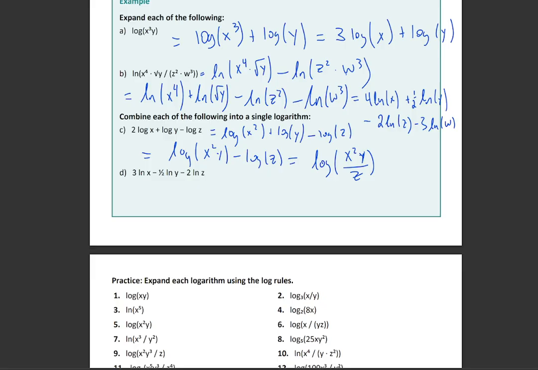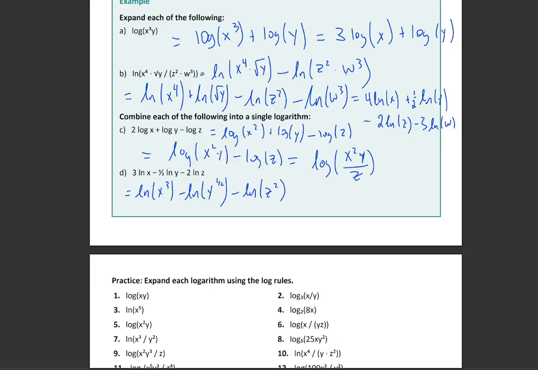Now for our last example, we again want to start with our coefficients. All those numbers should become exponents. And so in our first step, we have ln of x cubed minus ln of y to the 1/2 minus ln of z squared. So we bring out the numbers from the front up into the exponent, and now we want to actually combine our natural logs. So we have a positive natural log and 2 minuses.